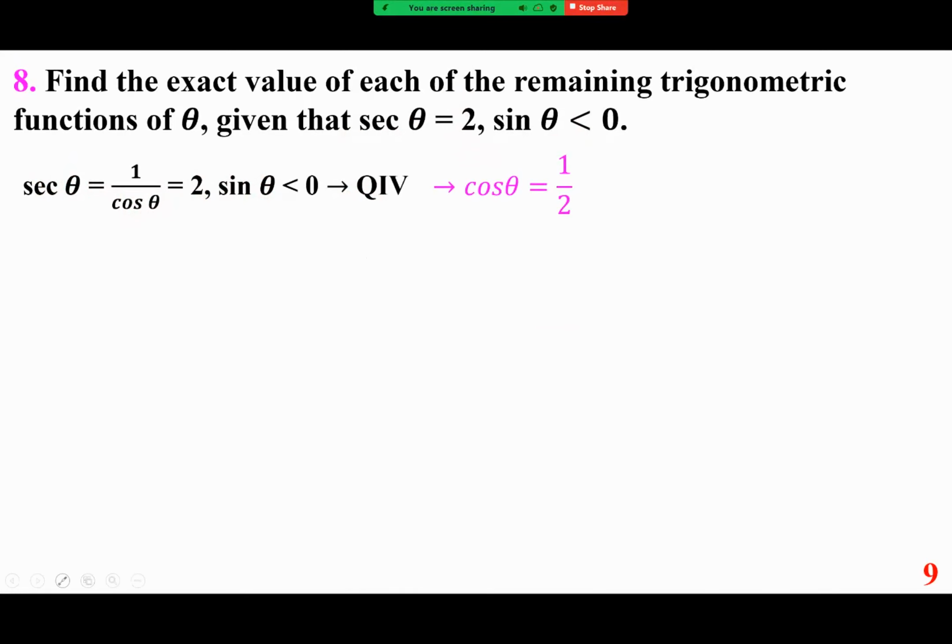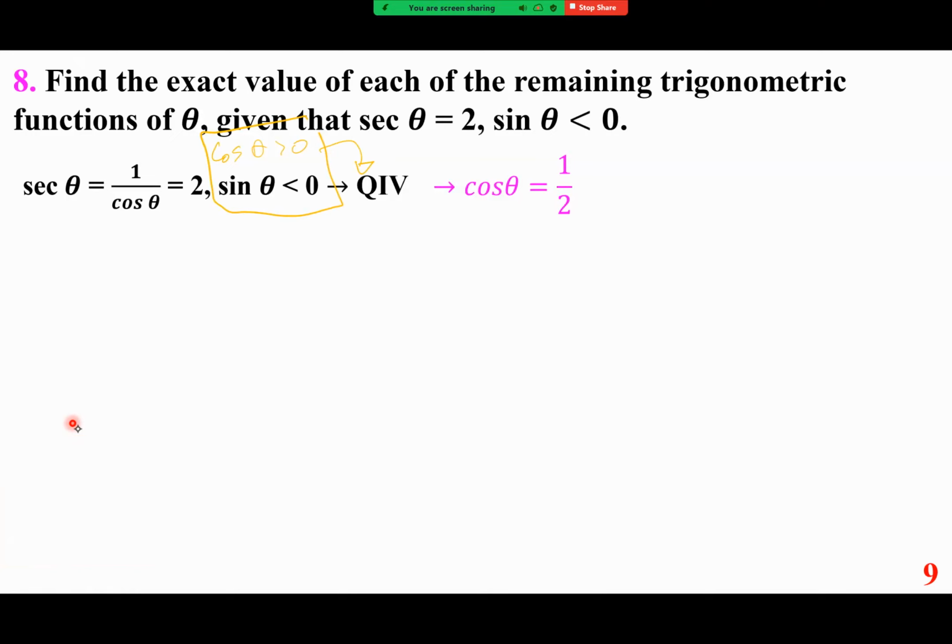You can write this as cosine theta is positive 1/2, okay? All right, you got the cosine. You want to find the rest of them. And again, you can go with the method of the previous page, the concept of x and y and r.